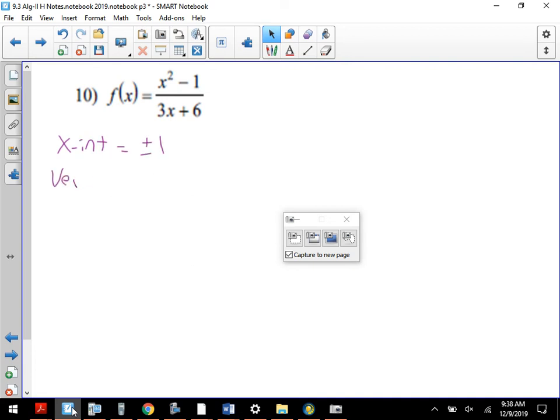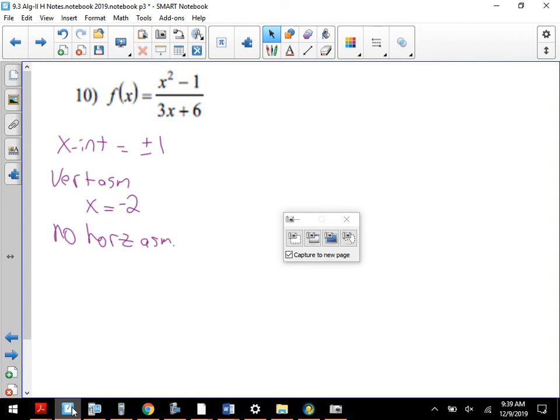The vertical asymptote is what makes the denominator 0, and that'll be at -2. There's no horizontal asymptote, because the degree of the numerator is greater than the degree of the denominator. But since they differ by 1 degree, we're going to have a slant asymptote.